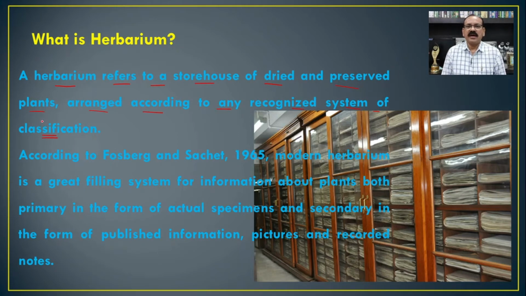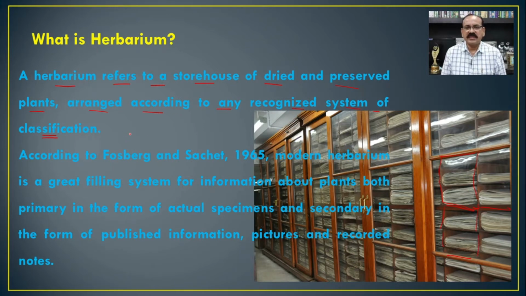So, if we have the different herbarium sheets and if they are stored in one particular place, and these herbarium sheets if are arranged with respect to the particular type of the classification, then such a type of the storehouse of the herbarium is considered as a herbarium. So here these sheets are kept in either such a type of the wooden or the steel almirahs, and having such a type of the compartments which are known as pigeonholes.